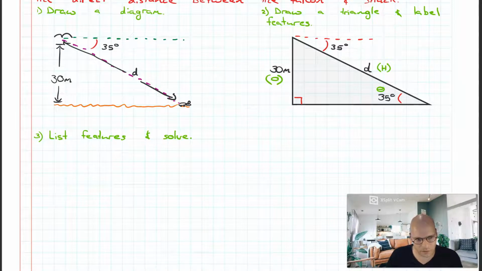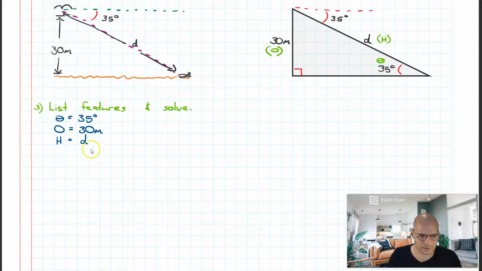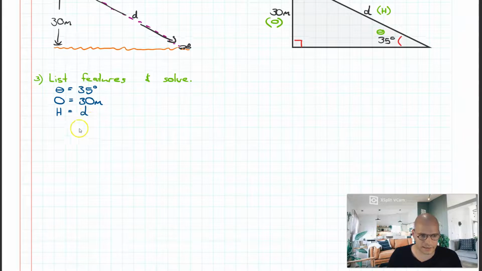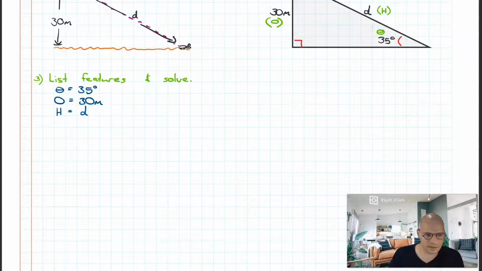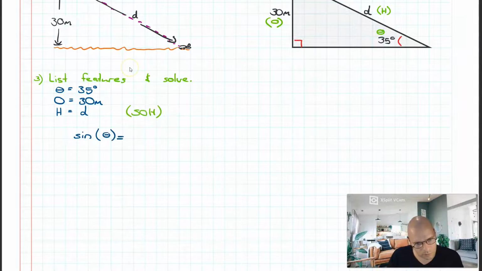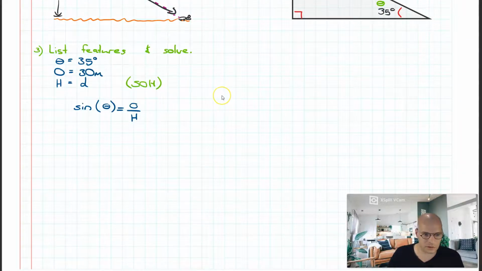Features: we have theta, and that's a value of 35 degrees. The opposite is 30 meters, and h in this case is our unknown, which we've defined as d. So what that means is we have theta, the opposite, and the hypotenuse, so we're going to use sine. Writing out the function and ratio, sine theta equals the opposite over the hypotenuse.